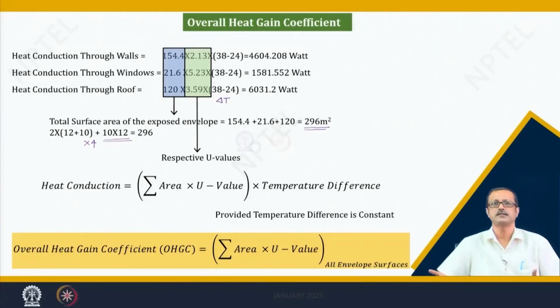Multiplied by the temperature difference, if I multiply with different temperature differences, I will get different heat gain values. So, whenever the architecture of the building is fixed, this OHGC is fixed.